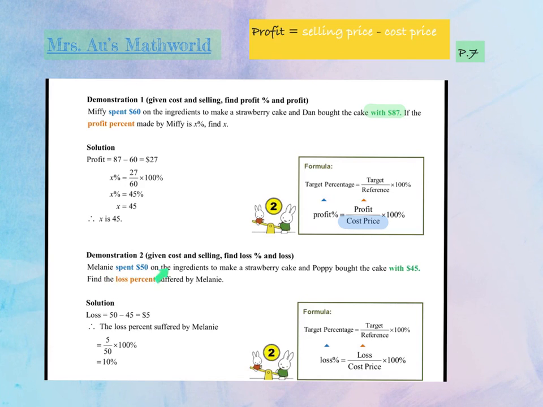So the cost price is the same, it's also $50. But this time, she sold it to Poppy for $45. So that means this time, Melanie has lost $5. This one is the upper part of the fraction, and the lower part is still the cost price. Times 100%, then we can know the value of the loss percentage.